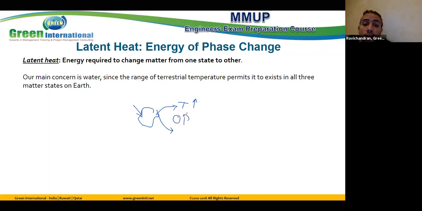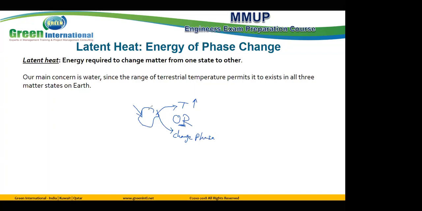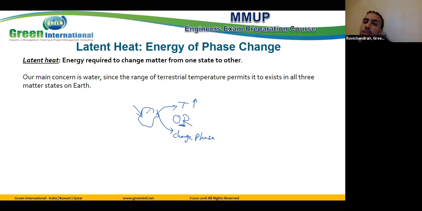Or, not and, it can change phase. So the heat is not going to do both at the same time. When you add heat to a liquid or gas, it does one of two things: it increases the temperature, or it changes phase.